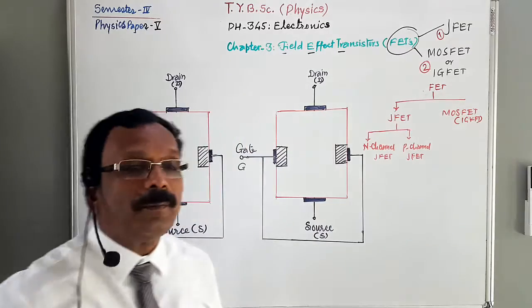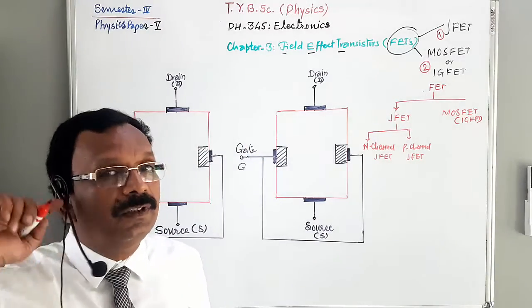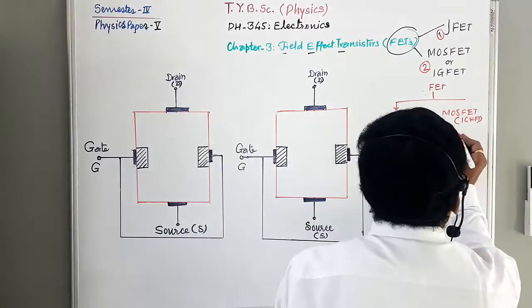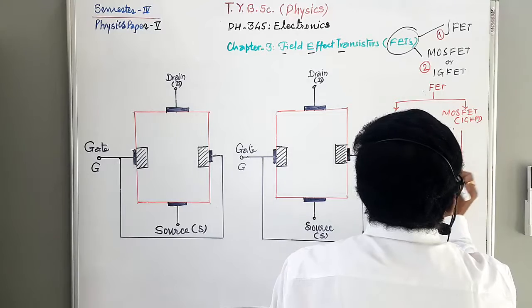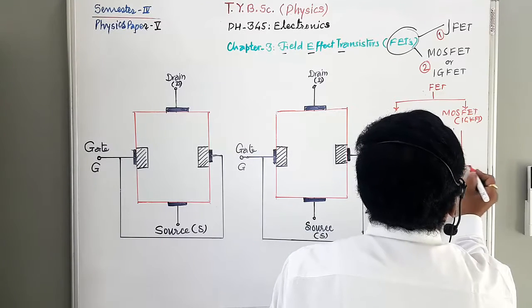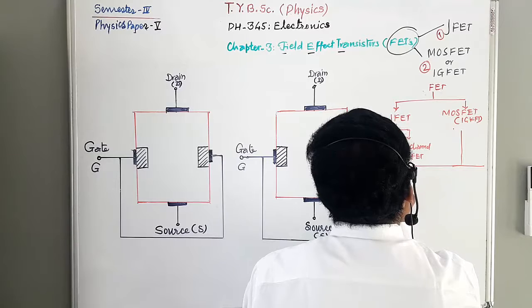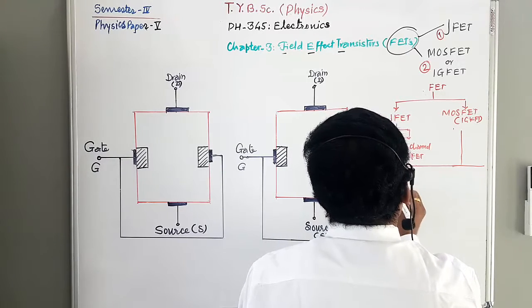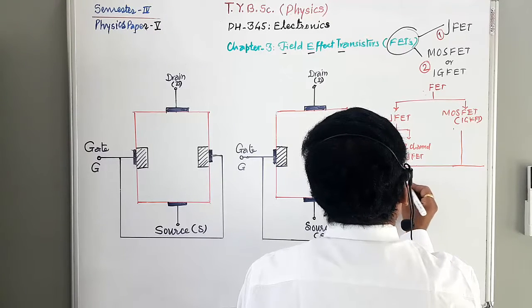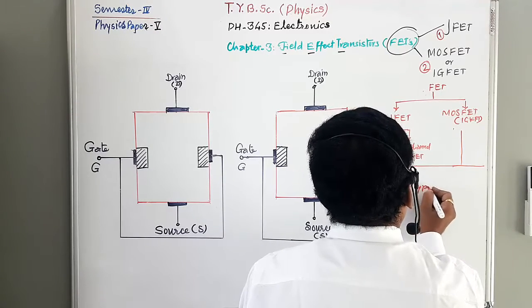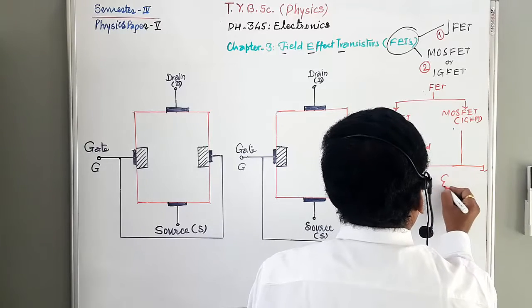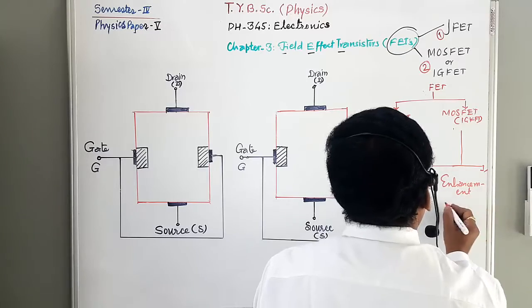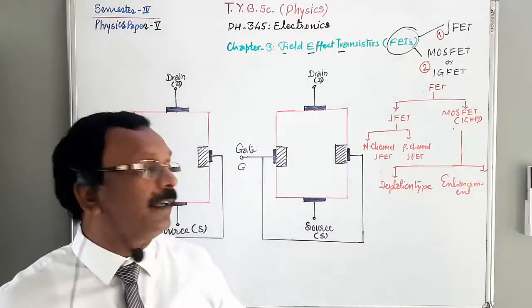Now MOSFET or IGFET is also classified into two categories: depletion type FET and enhancement type.